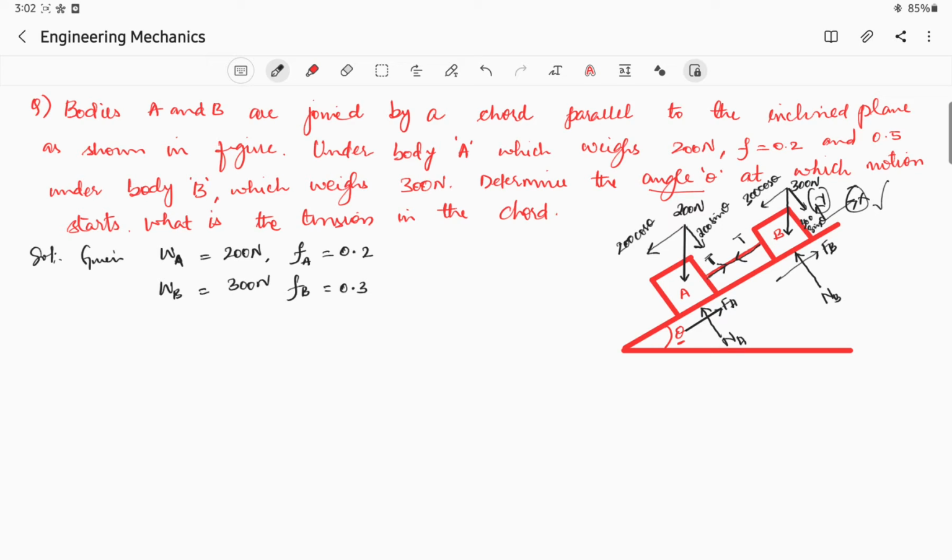So we'll take down first block A. First we'll consider block A. So how many forces are there? First we'll take sigma y is equal to 0. Always remember, our problems related to friction can be solved with the help of sigma x is equal to 0, sigma y is equal to 0 only. How many vertical forces do we have here?